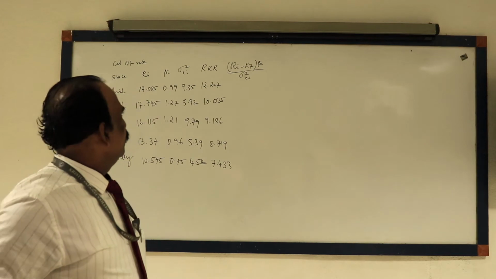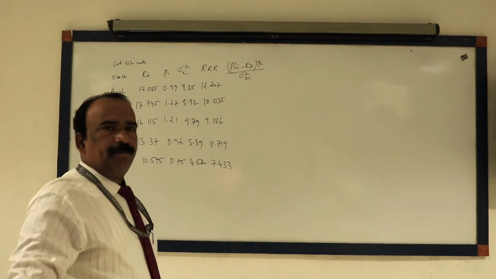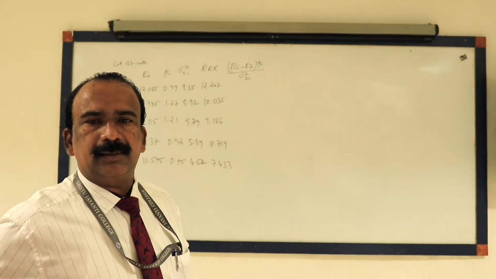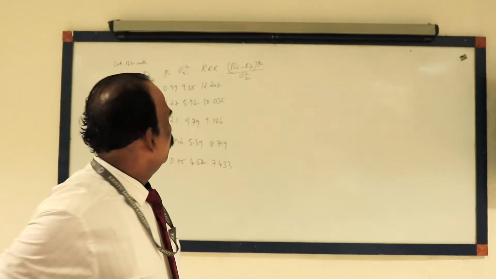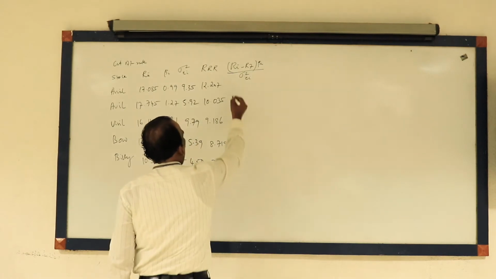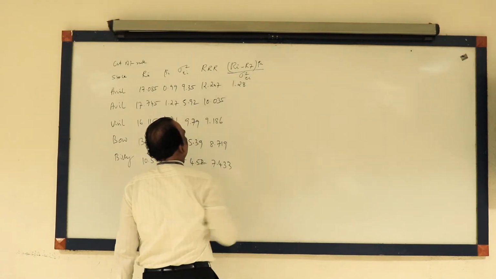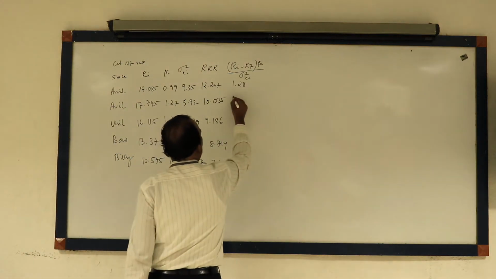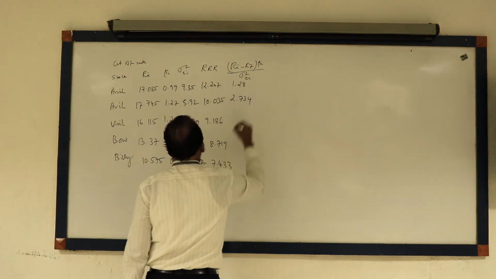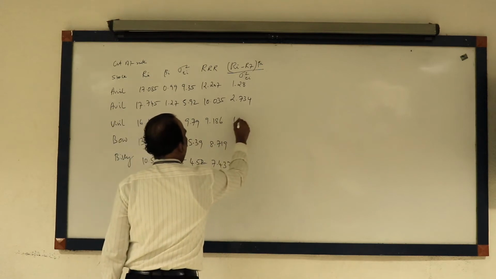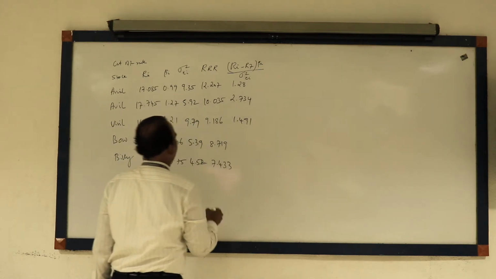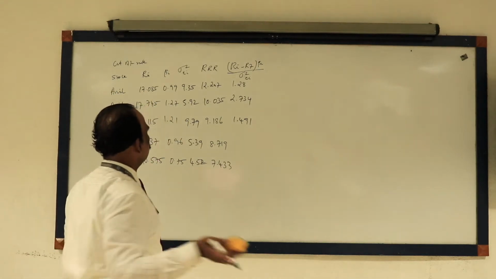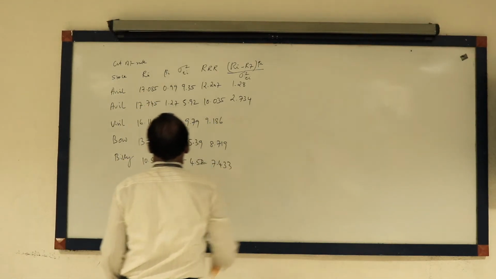How much comes for the first one? 1.28. Second? 2.734. Then 1.491, no sir, sorry, the third one is 1.374.